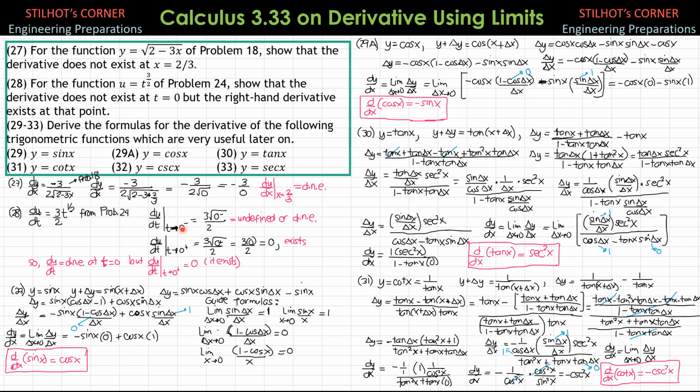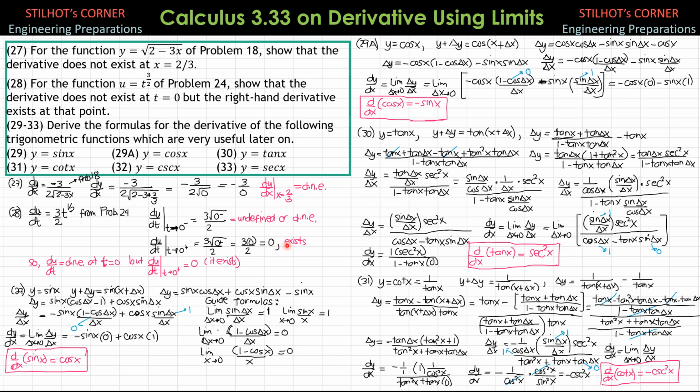When t approaches 0 from the left, we substitute 3 over 2 square root of 0 from the left, which is a negative value. The square root of a negative value is not defined, so the left-hand limit does not exist. Then the right-hand limit, as t approaches 0 from the right: 3 halves of the square root of 0 from the right, which is 0. So the value 3 times 0 over 2 is 0. The right-hand limit exists and its value is 0.